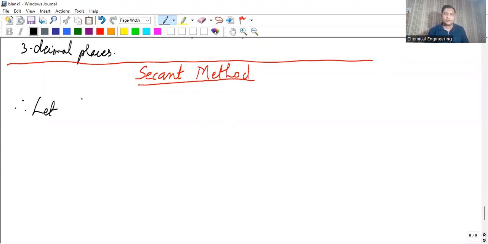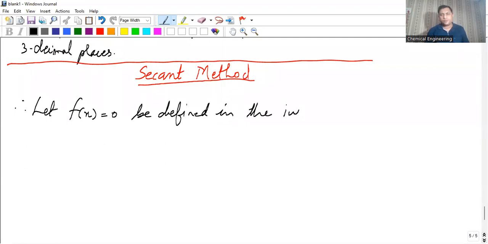So what are the preliminary conditions required? We consider let f of x equal to 0 be defined in the interval x0 and x1. Okay, so instead of a and b, now I'm using x0 and x1.